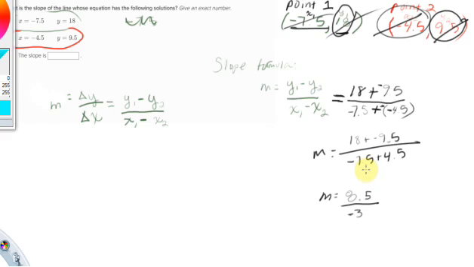So because we have a decimal in a fraction, we're going to multiply the top and the bottom by 10. That's always going to work, and you can reduce it after. Multiplying by 10 just allows us to move that decimal point over. So 8.5 times 10 becomes 85, and negative 3 times 10 becomes negative 30.